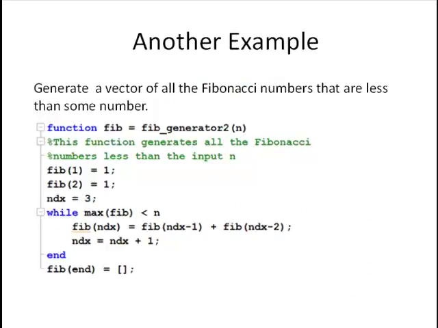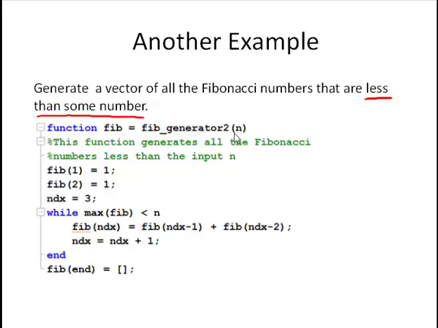Let's look at another example. We looked previously with for loops at generating a Fibonacci sequence. In the previous example in that video, we generated the first n numbers of the Fibonacci sequence. So now we're going to look at a slight twist where we will generate a vector of all the Fibonacci numbers that are less than some number.